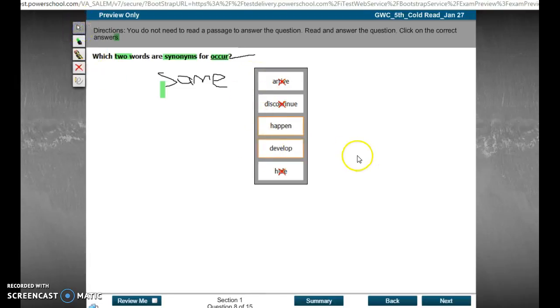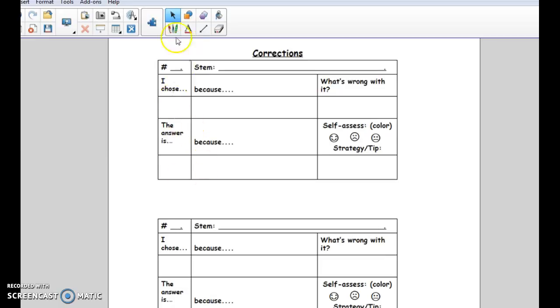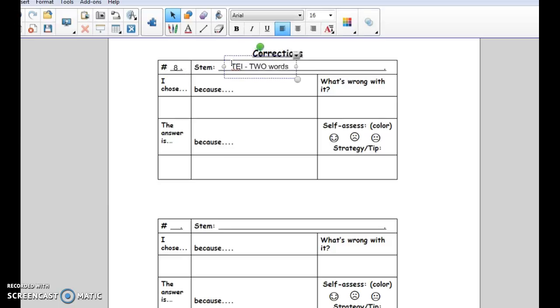So, good strategy. First, ask yourself what it means. Then try them in sentences and see which one works, just like we do when we're doing our history a lot of times. So that was number 8. It was a TEI, which 2 words are synonyms for occur.